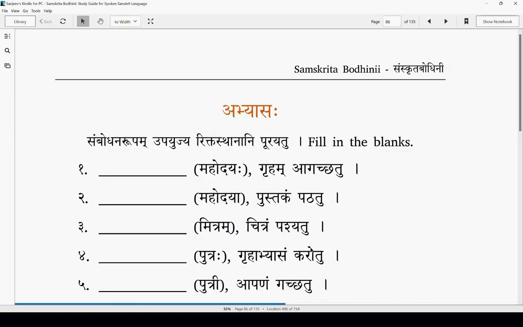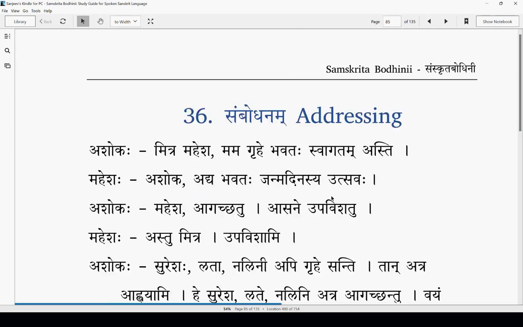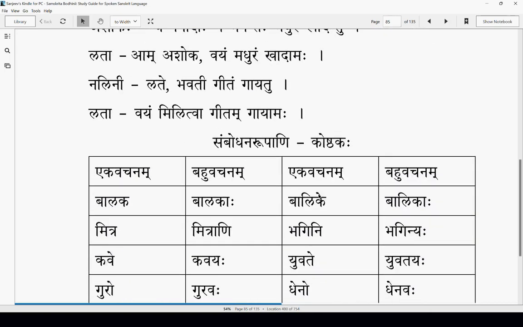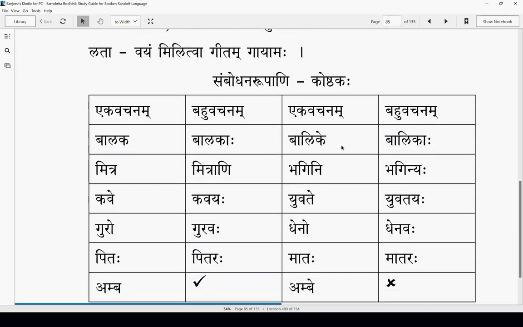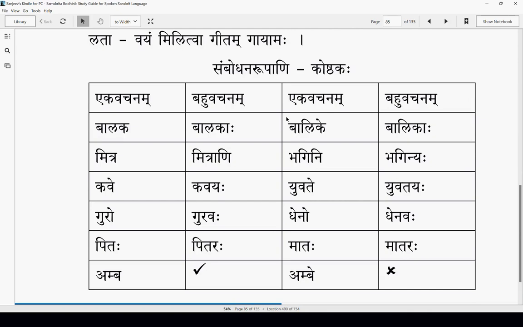Okay, there you go. Suttam sambodhanam. This sambodhana again, Kaumudi is there, so you can also refer to the vibhakti tables. Balaka, balakaha, bahuvachanam we already saw, like Rama. Ekavachana sambodhanam is Rama, bahuvachanam is Ramaha, same as the Prathama Vibhakti.